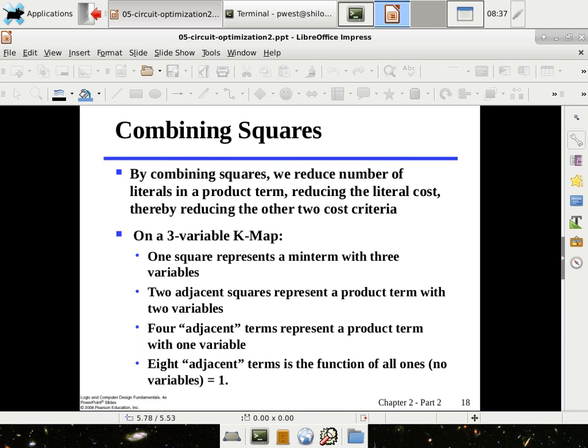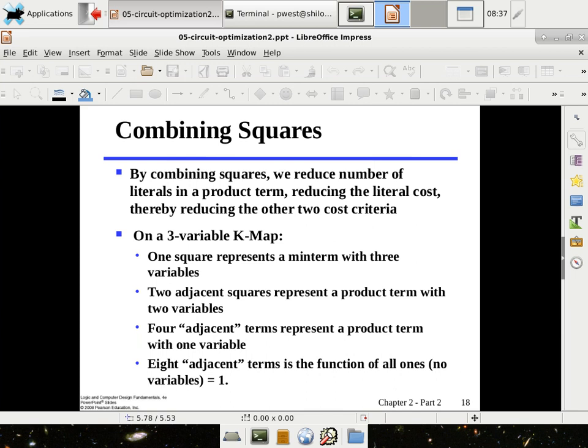So the X naughts, and then the X is down below. Because it has X naught, and then it has all the other possible combinations of the other 2 variables. If you were to OR all of these, X naught, Y naught, Z naught, or X naught, Y naught, Z, or X naught, Y, Z, or X naught, Y, Z naught, you could take the X naught out, because it's in each term.